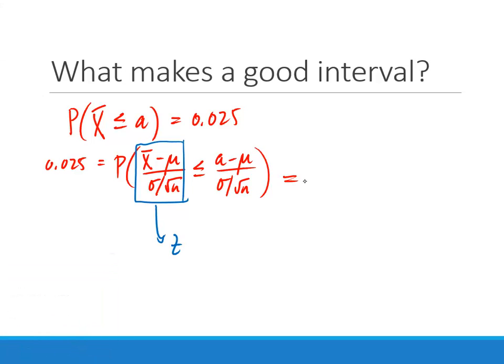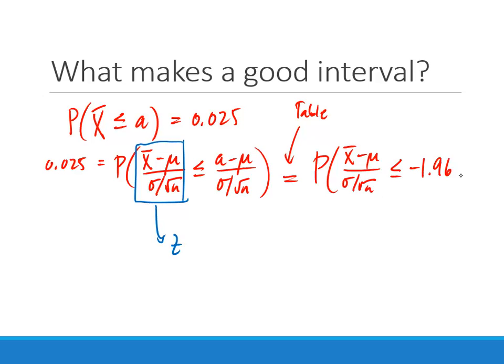So I can go to the table, and if I want this probability to be 0.025, I find that this needs to be less than negative 1.96.